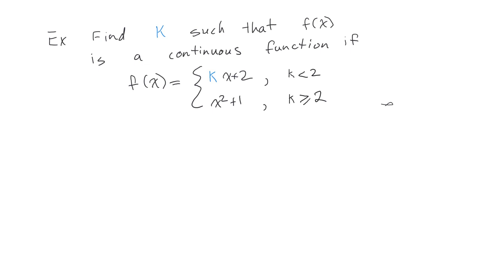Now, remember when we were looking at continuity, if something was continuous, I could draw a line continuously and never take my pen off the paper. In order to do that mathematically, we have to look at the discontinuity. We have a possible discontinuity at x equals 2.